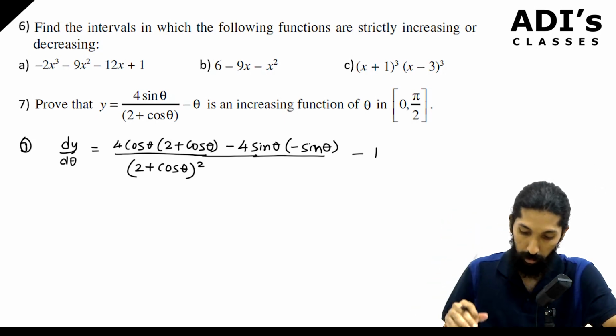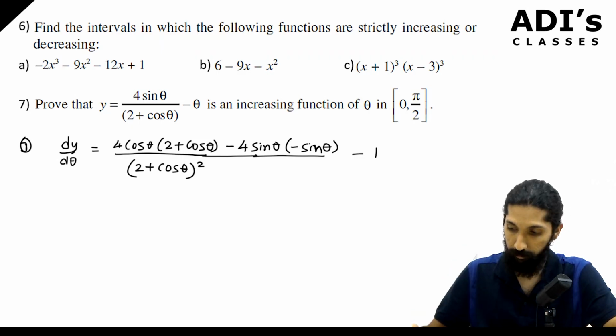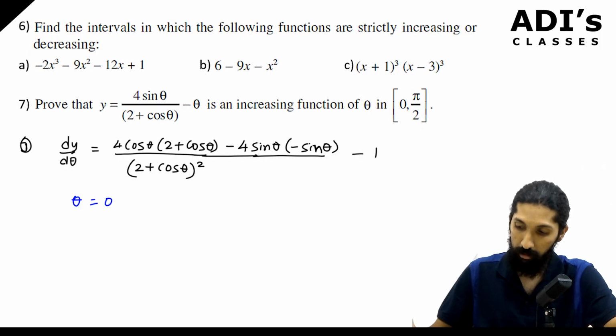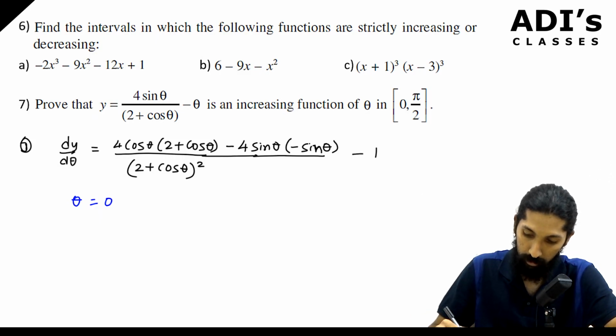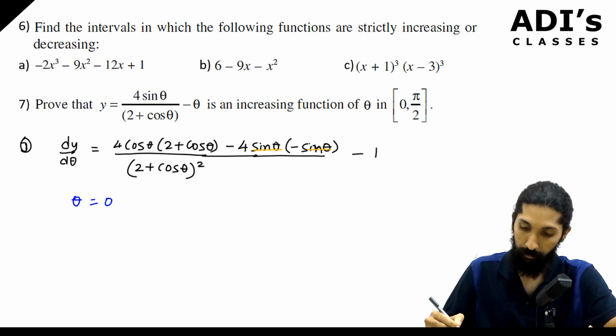Suppose you take a value of 0, we'll start with 0. So what if theta becomes 0? Then the sin theta part is going to become 0, correct?